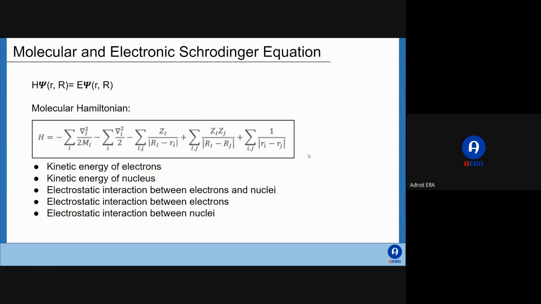When you go deep down to the quantum mechanical perspective, every atom has some energy: there is kinetic energy of an electron, kinetic energy of the nucleus, and electrostatic interaction between electrons and nuclei. Only because of that interaction can the nucleus hold the electrons revolving around it in a particular orbit.